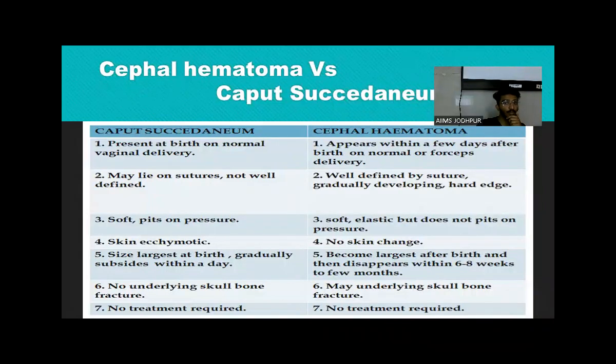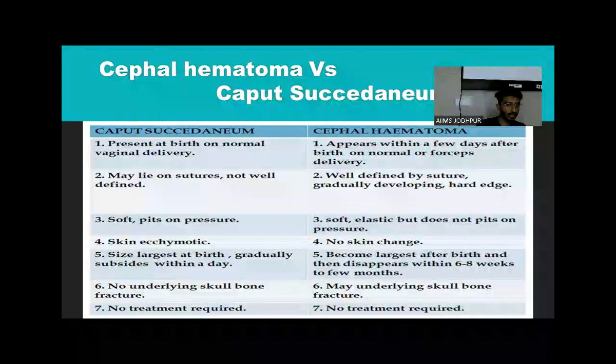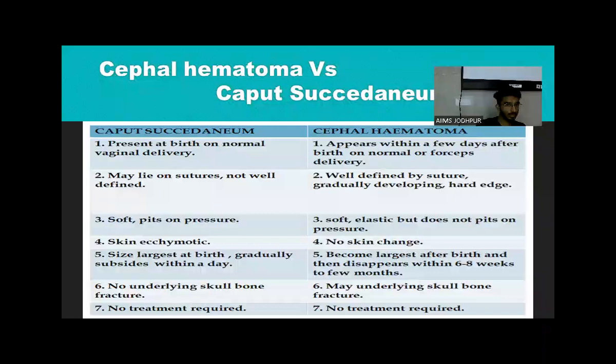It is soft, pits on pressure, can cross a suture line, and is not well defined. Its size is largest at birth and it usually subsides with time, there is no underlying skull bone fracture associated with it, and it is usually managed conservatively.